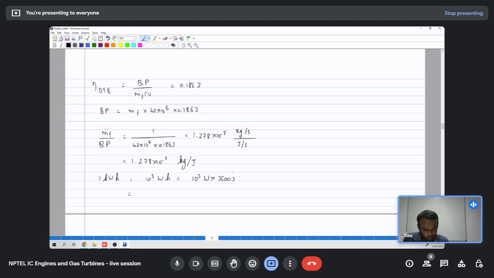So this will become 3600 into 10 power 3 watt seconds, which is joules. So that is 3.6 into 10 power 6 joules. Now writing this relation, we have m dot f by brake power as 1.278 into 10 power minus 7 into 3.6 into 10 power 6 kilogram per kilowatt hour.